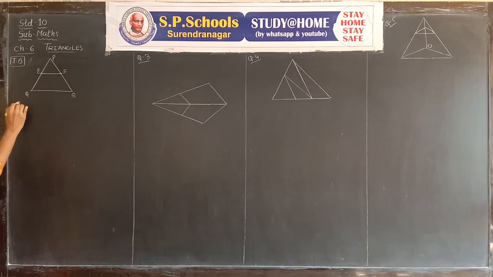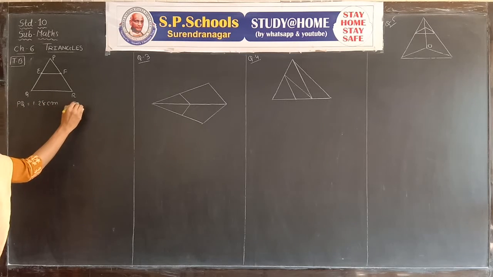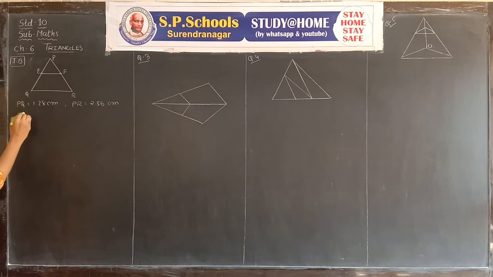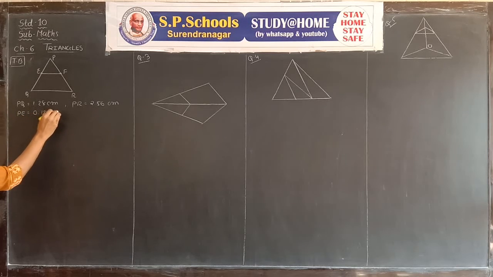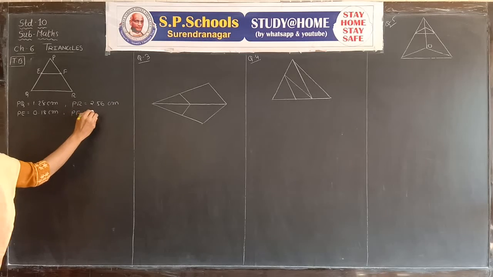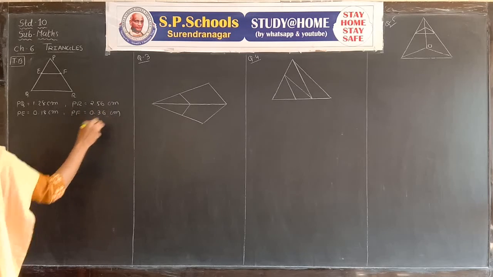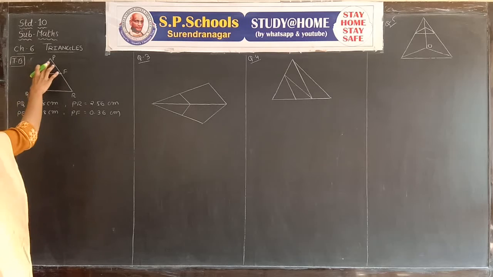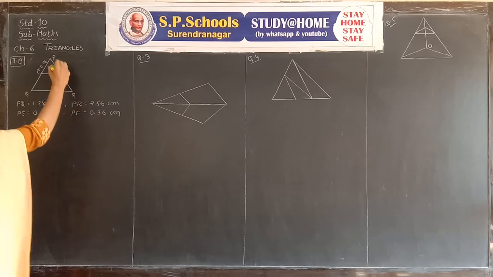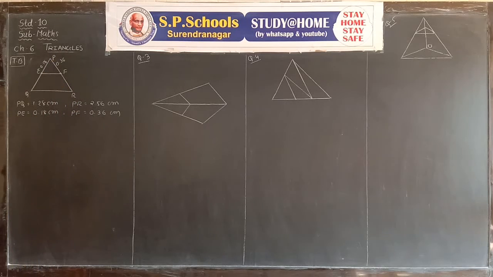Given that PQ is equal to 1.28 centimeter, PR is equal to 2.56 centimeter, PE is equal to 0.18 centimeter and PF is equal to 0.36 centimeter. Here whole PQ is given and PE is given 0.18. PF is given 0.36. The EQ and FR are not given.